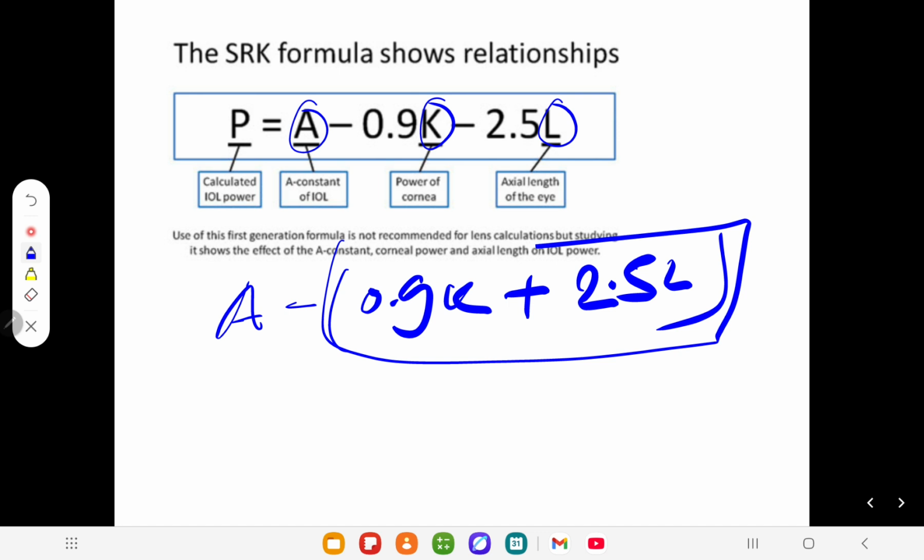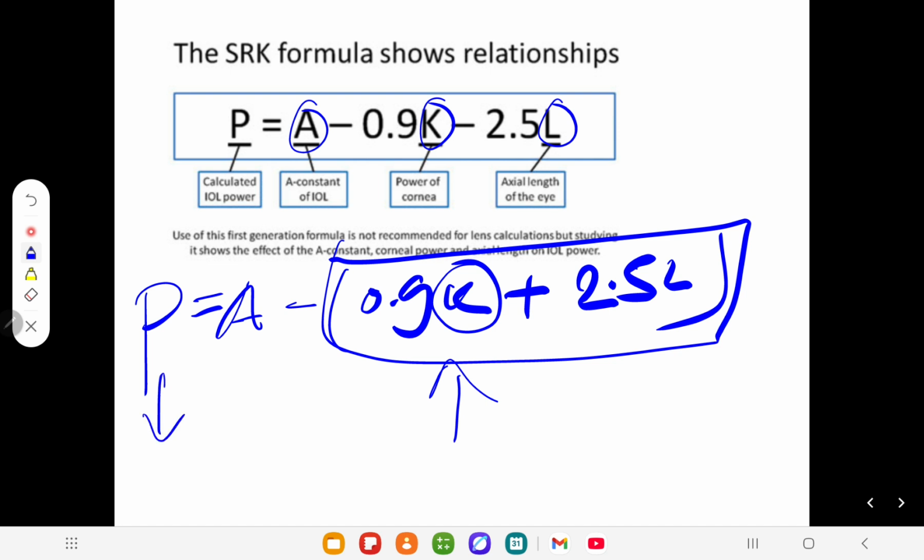This whole thing is subtracted from A, and whatever you get is the power of the IOL. Let's think about it. If K increases, what happens? This whole thing increases. What does that mean? IOL power decreases, isn't it?